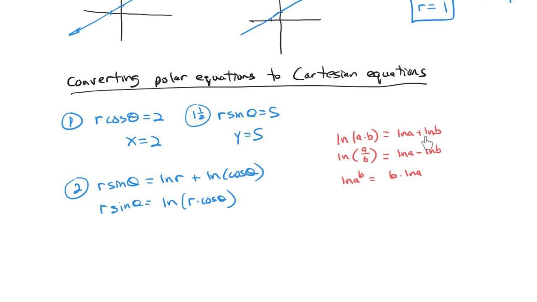We're multiplying these two inputs together. Natural log of r cosine theta. And well, r sine theta, that's just y. Because r cosine theta is just x. So with Cartesian equations, this just says y equals natural log of x.